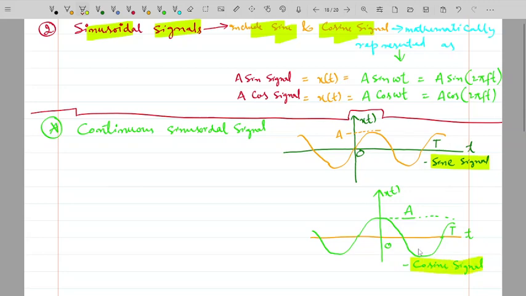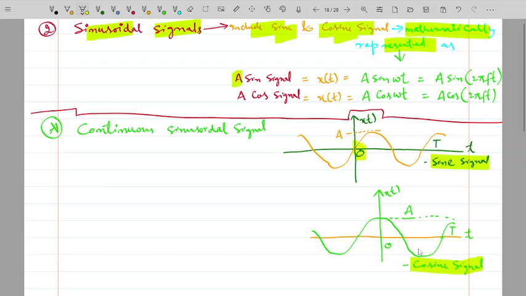Mathematically we can represent these two, the sine and cosine wave signals, where A is the amplitude of the signal. Here we will first study from this figure.